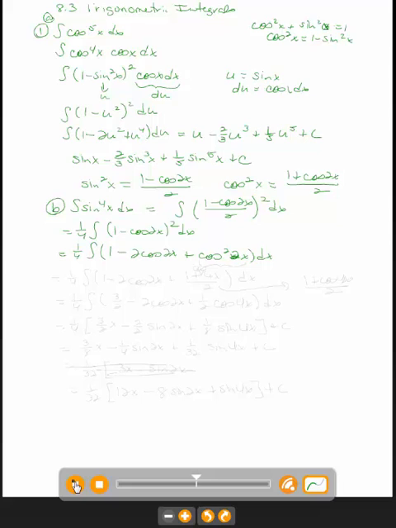Oh, but now we have to do it again for this one. So now we get 1/4 the integral of 1 minus 2 cosine of 2x, and then cosine squared of 2x turns into 1 plus cosine of twice the angle, so 4x, over 2, dx.